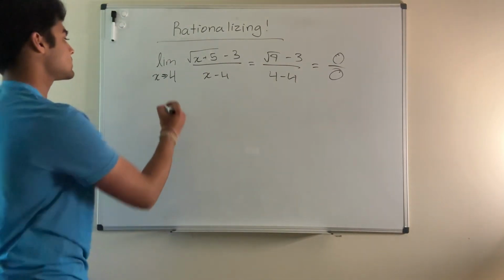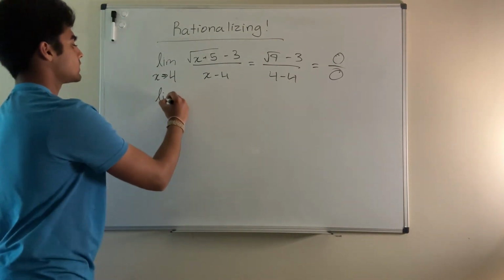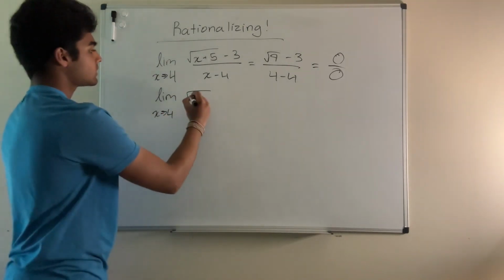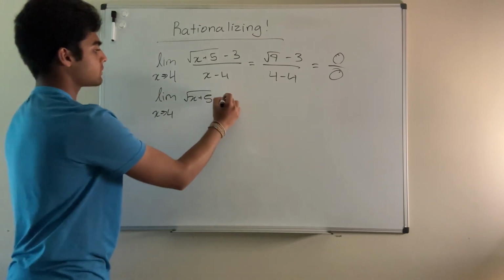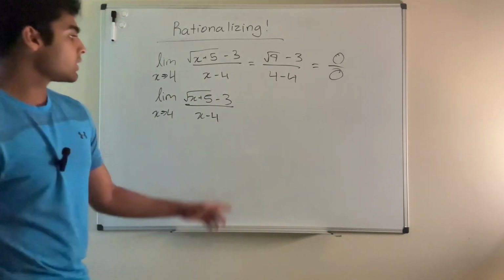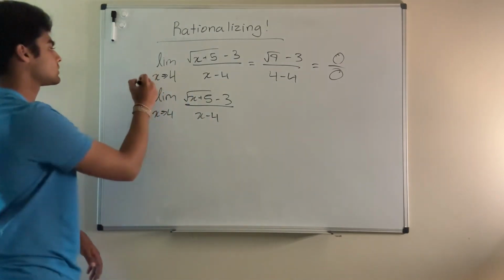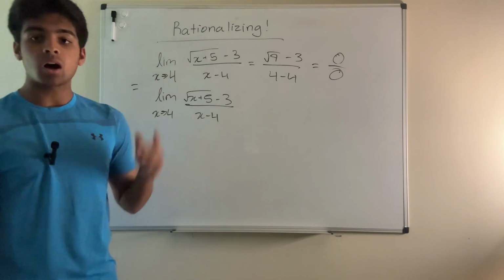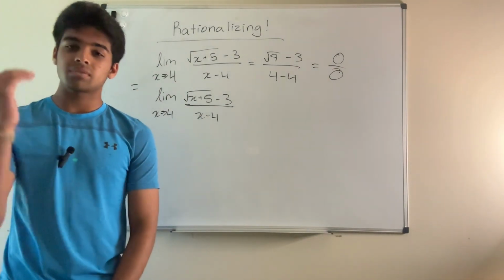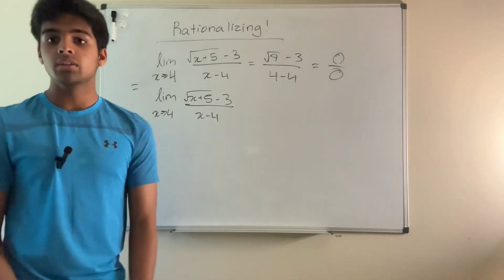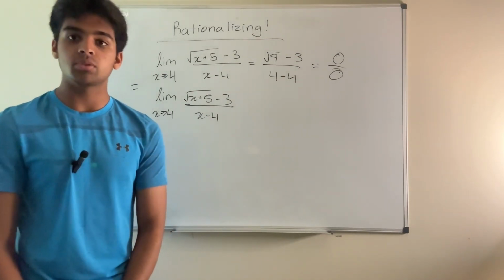So to do that, we will take the limit as x approaches 4 of this, root x plus 5 minus 3 over x minus 4. And we will be multiplying this, so these two are equal, by the conjugate of whichever side has the radical. So here we know that the numerator has the radical, so we will be multiplying by the conjugate of the numerator.